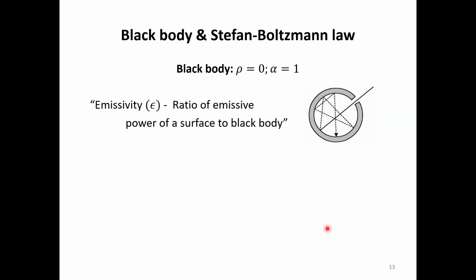We already saw that transmissivity is equal to 0 for most engineering cases, and when reflectivity is also equal to 0, then alpha becomes 1. Okay, so for a black body, alpha becomes 1. This is kind of an ideal scenario. So imagine a sphere whose inside is coated with something black.